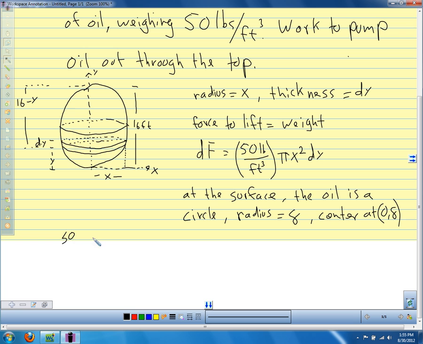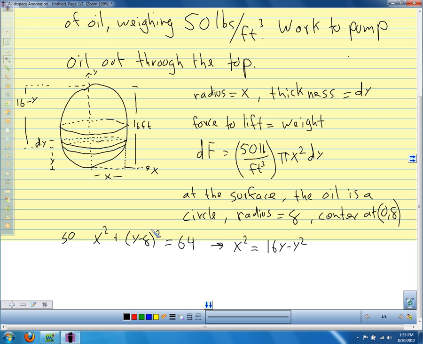So x squared plus (y minus 8) squared equals 64. This is the equation of the circle, and I just need to get an expression for x in terms of y. I can rearrange this, and I get x squared equals 16y minus y squared.